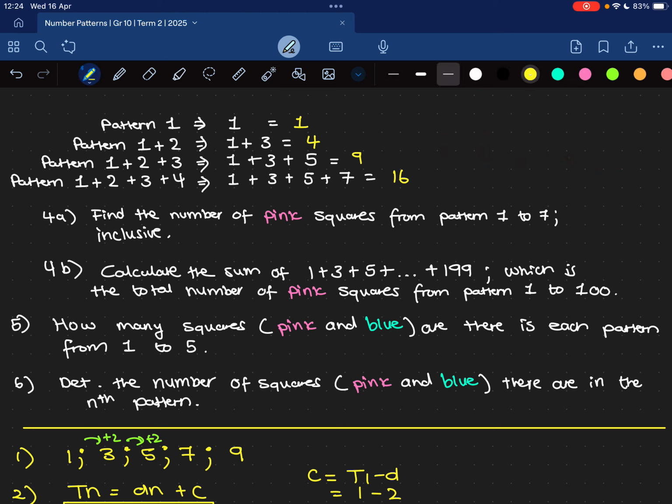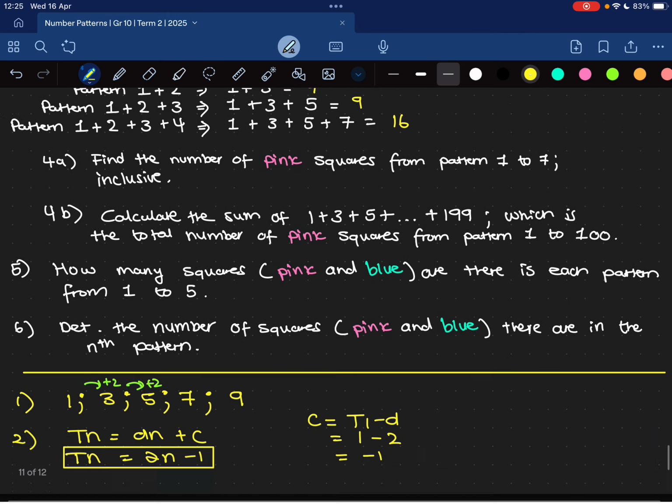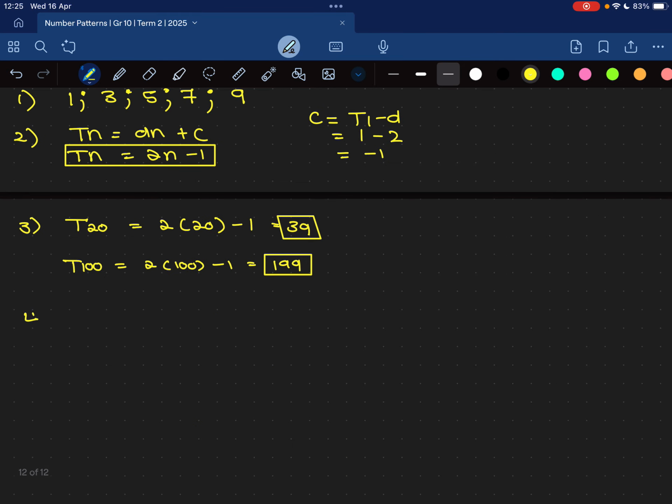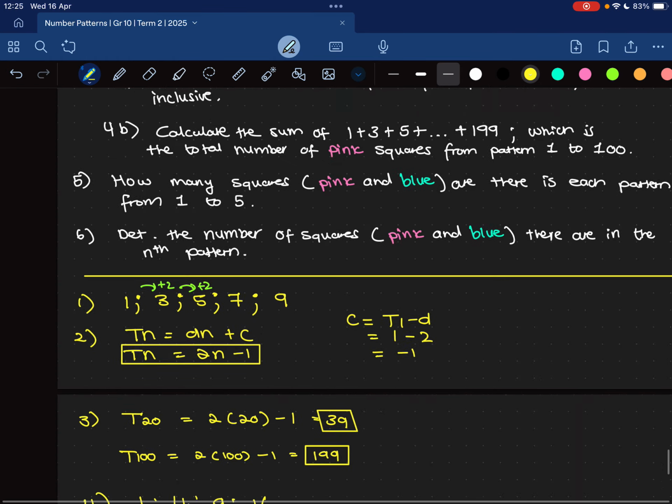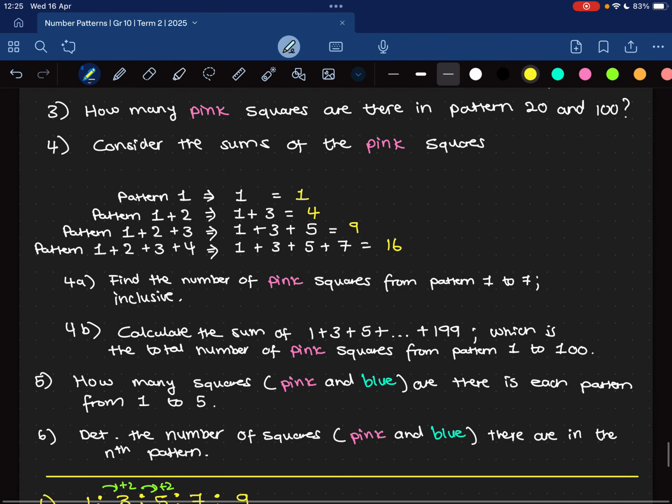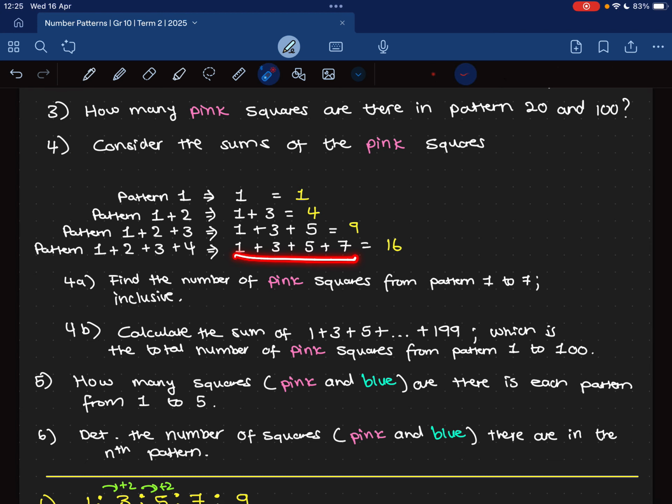So let's first start by writing out the sequence that was given in yellow. So I have 1, 4, 9, and 16. If we have a look at this, we can tell that I'm just adding terms from this sequence here.